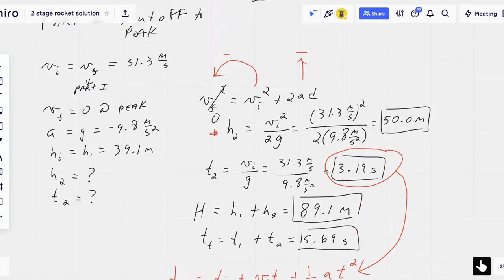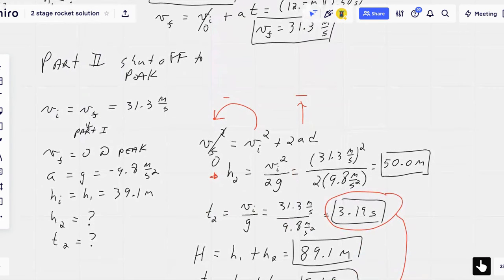Let's go through these equations here. We know that the velocity at the peak is 0. We know the initial velocity is 31.3, and the acceleration is gravity. So we're going to take this equation and solve for the displacement, which is going to be height 2. When I bring the initial velocity over to the left of the equal sign, it becomes negative, and the acceleration is gravity, which is also negative.